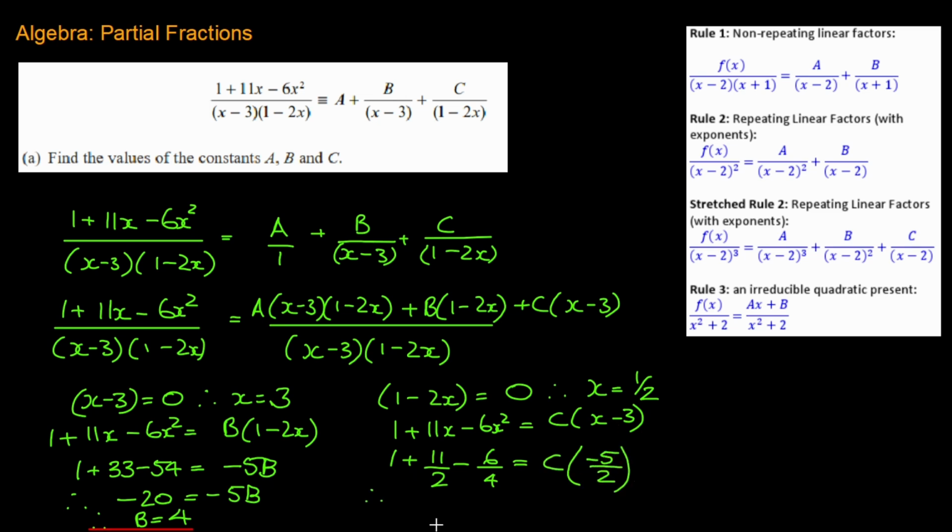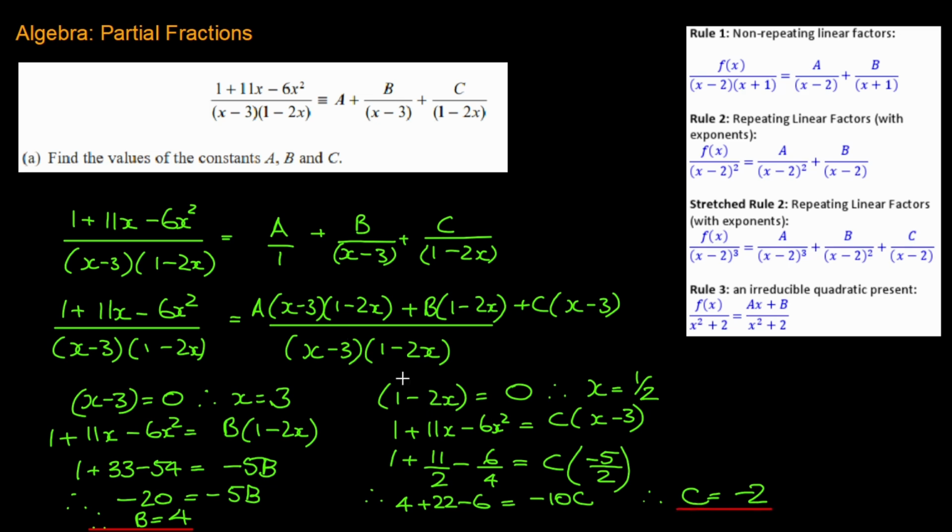So if I multiply through by 4, I get 4 plus 22 minus 6 is equal to, the 4 cancels with the 2, so this becomes negative 10c. So coming over here, 4 plus 22, 26, take away 6, 20, c is equal to negative 2. And that's the second of our results.